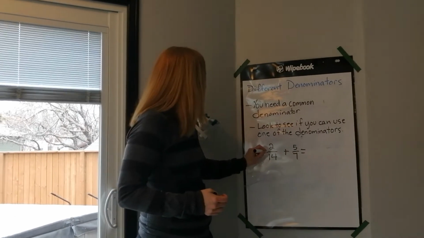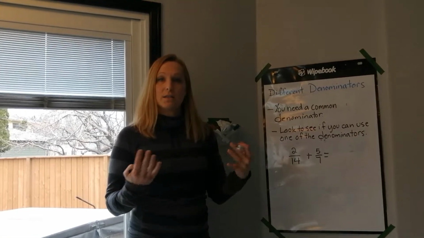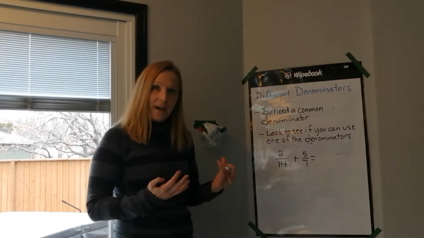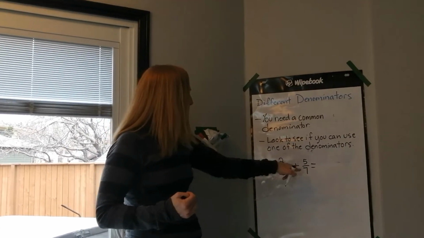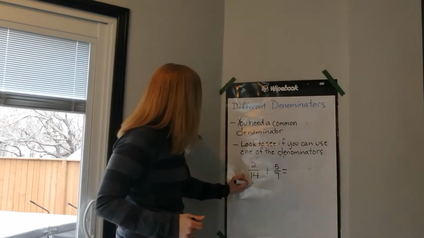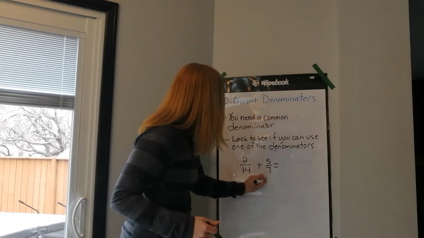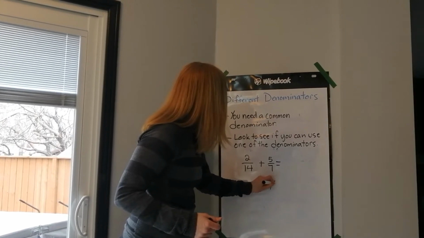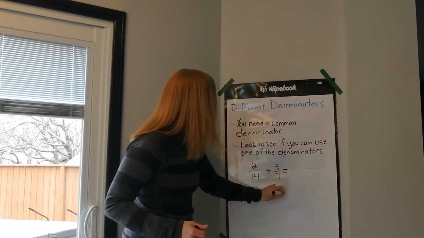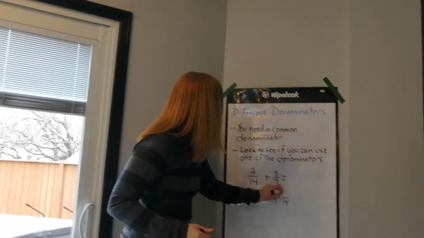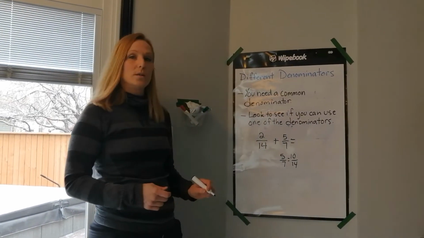I look here, I've got 14ths and I've got 7ths, and I recognize that I can use either one of those actually. So I'm just going to keep the 14ths the same, and we'll go 5/7 equals how many 14ths? Well, that equals 10/14.